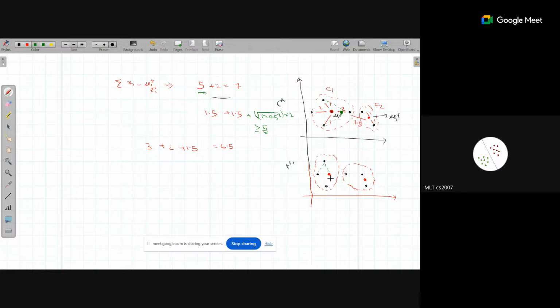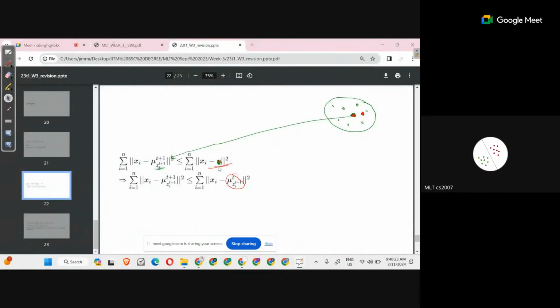Earlier it was like this, but since we now have these many points only, the centroid will be somewhere here. The distance of all points from the green point, our new centroid, will be lesser than the distance from the red point. This is what this equation tries to prove. I hope no one has any doubt now.